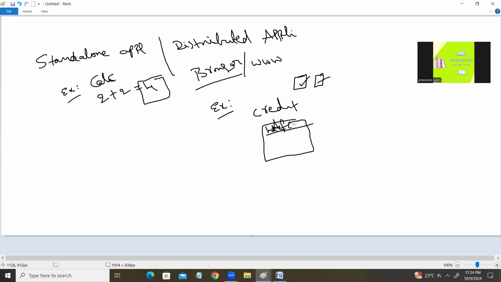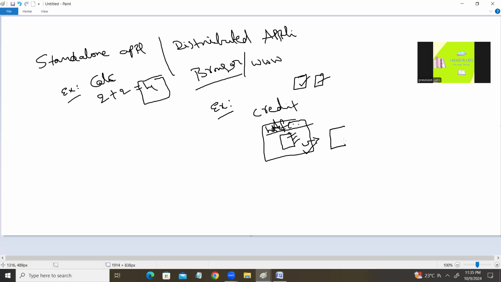If I log in and provide all my details, my application will be created in my name, and after that I will see the status and everything. All these kinds of applications I can run on any machine. I can access those results from my machine and also from another machine.